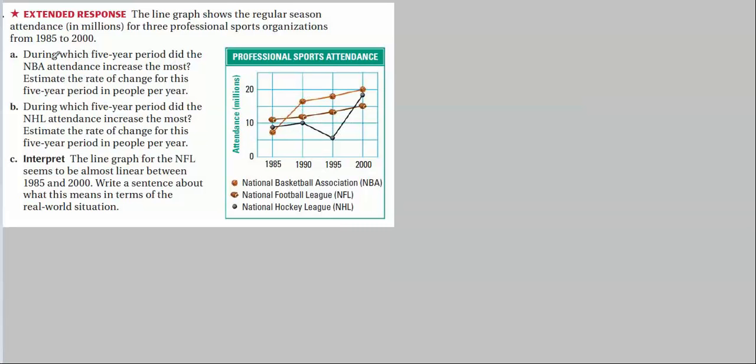During which 5-year period did the NBA, that would be this one, attendance increase the most? Well, remember the increase would be the part where the rise over the run is the highest, and that would be the steepest, right? Just have a nice, simple, intuitive idea of steep. You would probably say that's more steep than that.